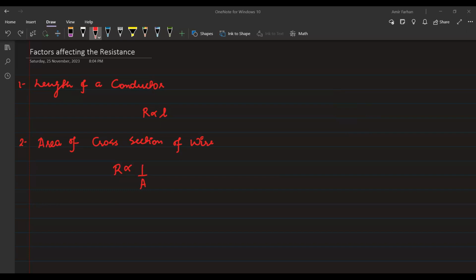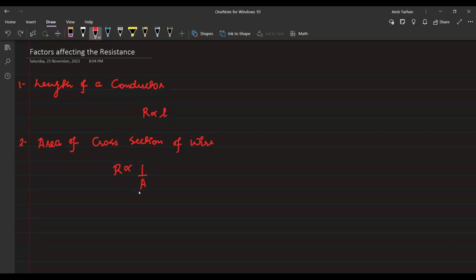Decrease. Okay. Your fraction will decrease, right? If you are increasing the denominator, your fraction is becoming smaller, and the fraction is nothing but the value of R. It will decrease. So if you increase the value of the denominator, your value of resistance will decrease.